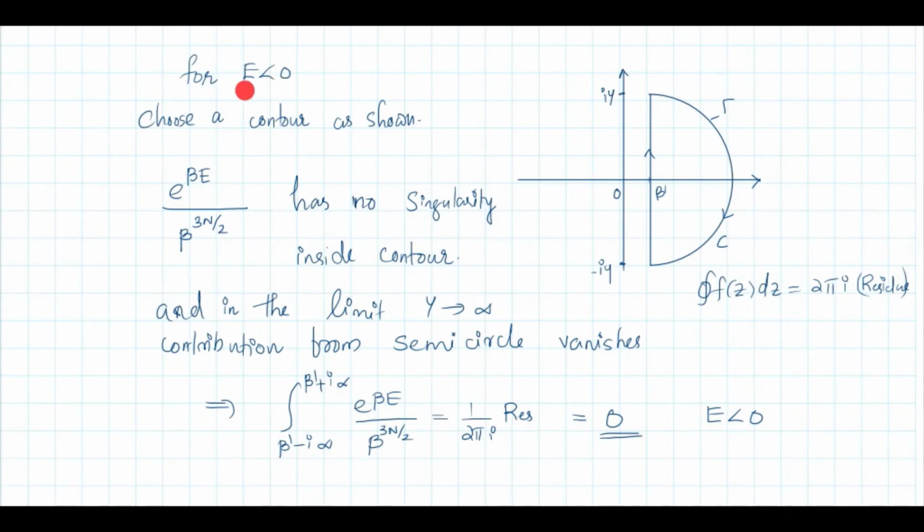First, we will consider the case with E less than 0. Then choose the contour as shown here. This is the complex beta plane, and this is the imaginary axis. This point is iy, this point is minus iy. This is the point beta prime, which I take as positive because it is marked on the right side of the origin.